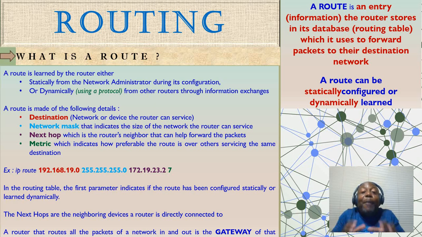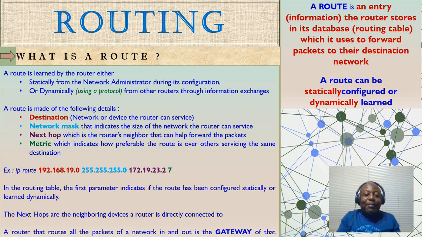That means for packets destined to this network, send them to the device that has the IP address 172.19.23.2. And we give the believability of 7 to that route. That means if we have a route that has a metric of 1, it's going to be preferred.